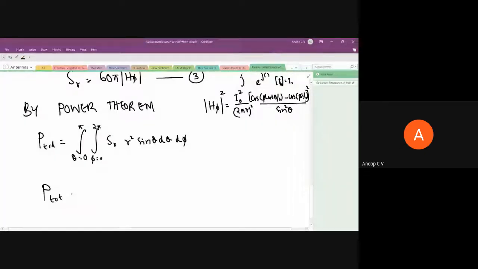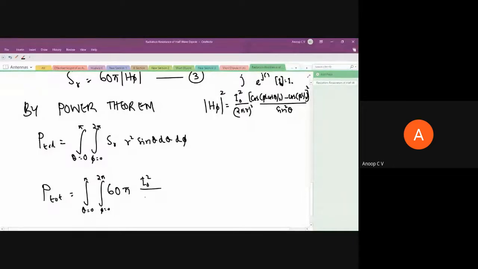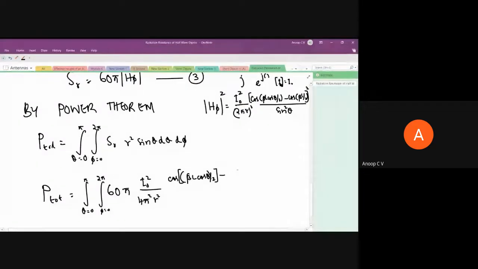P total is equal to the integral with theta from 0 to pi and phi from 0 to 2 pi. SR becomes 60 pi times mod of H phi square, and mod of H phi square is I naught square by 4 pi square r square times cos of beta L cos theta by 2 minus cos of beta L by 2, divided by sin theta, all squared, times sin square theta, times r square sin theta d theta d phi. I'll write it like this, or else you may end up reading it as cos of theta by 2.